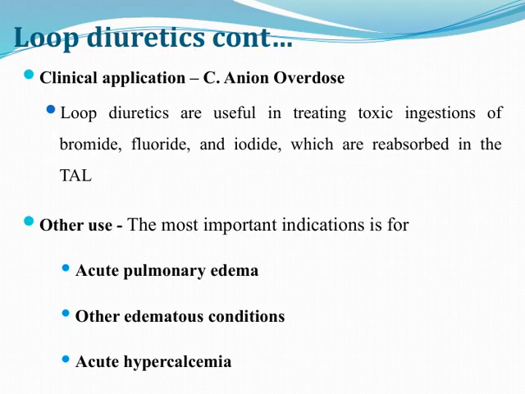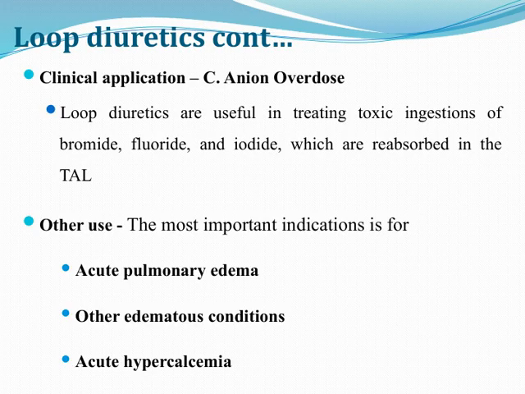Another important use of loop diuretics is in treating acute pulmonary edema, which is often caused by heart failure or other cardiac issues. They help reduce the fluid overload in the lungs, easing breathing and improving oxygenation. Beyond pulmonary edema, they're also valuable in managing other edematous conditions, such as congestive heart failure or severe edema from various causes.